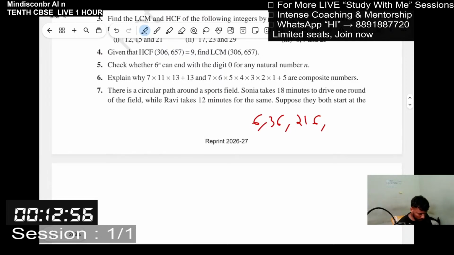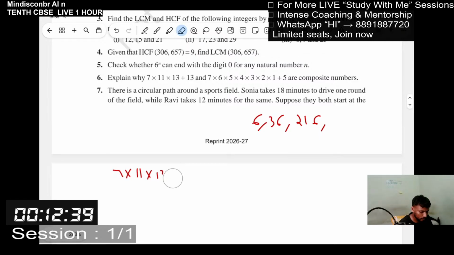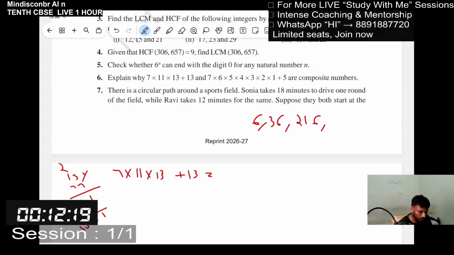Here we can do this as 7 into 11 into 13 plus 13, which is equal to 7 into 11, 77. 77 into 13, that is 1001, plus 13.